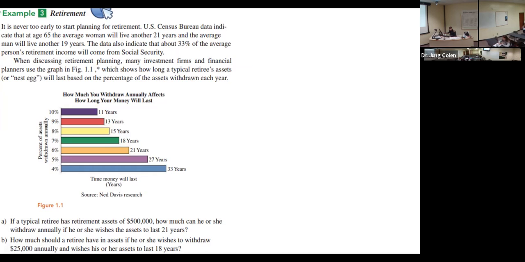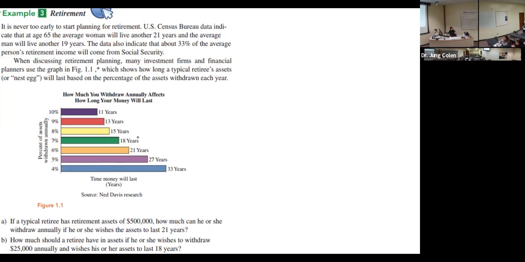How much you can withdraw each year. You can withdraw 4% of your assets, or you can withdraw 9% of the assets. And the horizontal line is the time the money will last. So my money will last 33 years or 15 years, and so on.